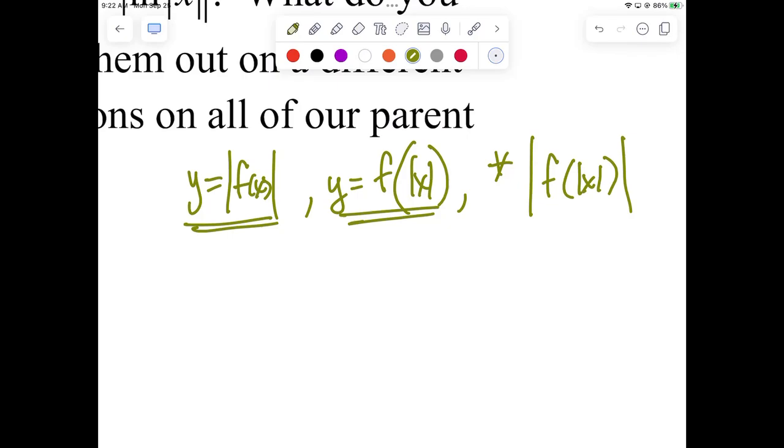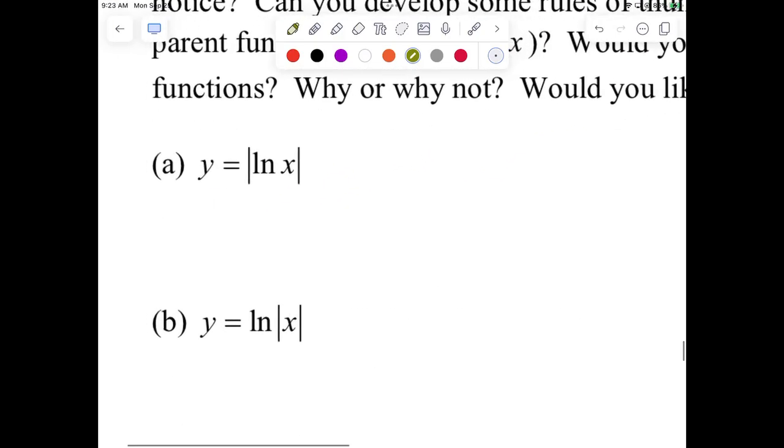The C is important. The first one that I wrote here, looks like we're going to use the natural log of x as the basis for that.